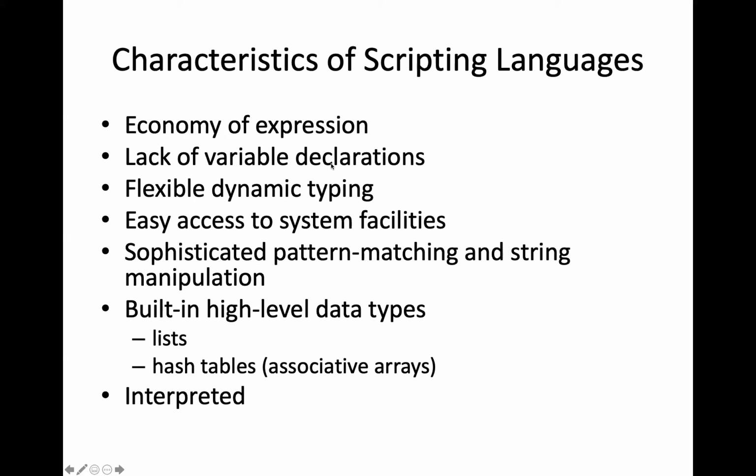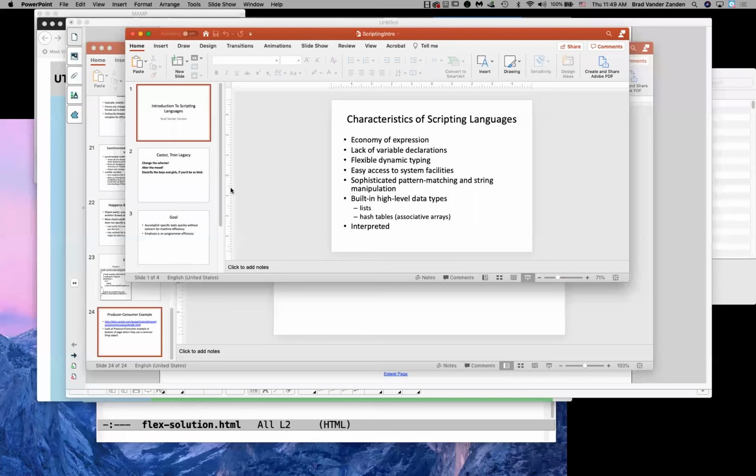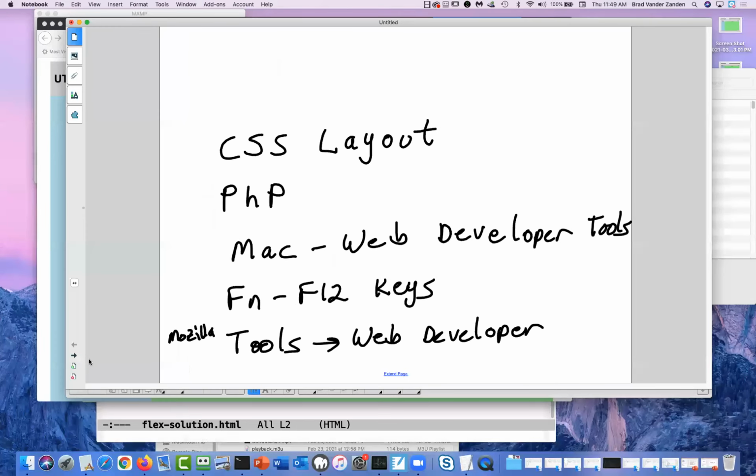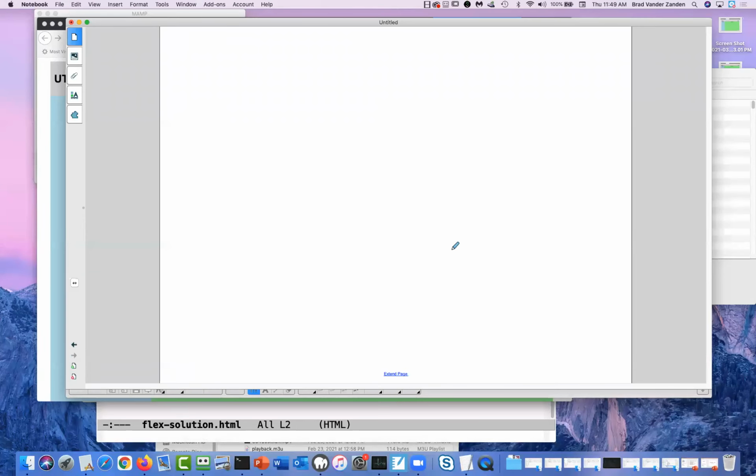So you don't have to declare a variable or even its type. In fact, the type of a variable is determined by what's assigned to it at runtime. So for example, in PHP, your variables are prefixed with a $ sign.